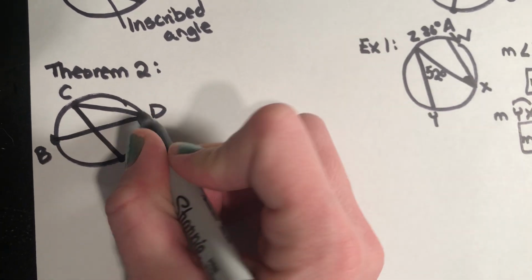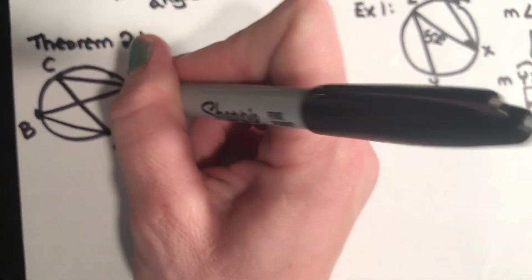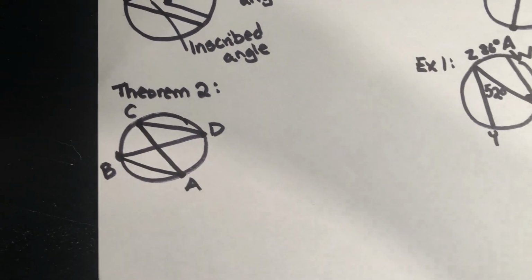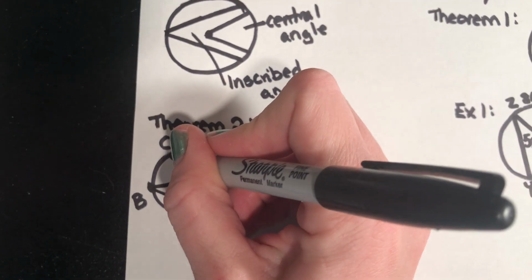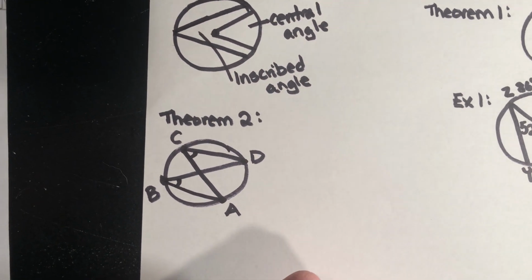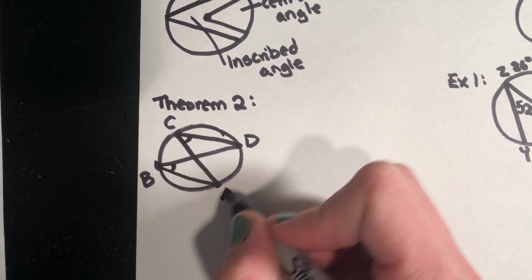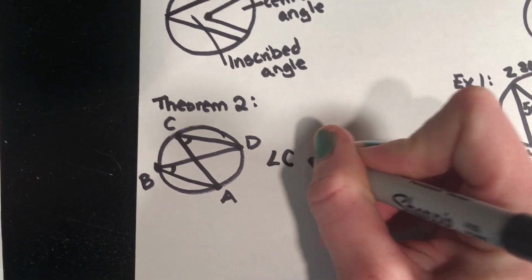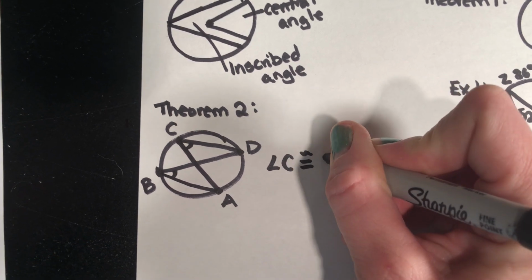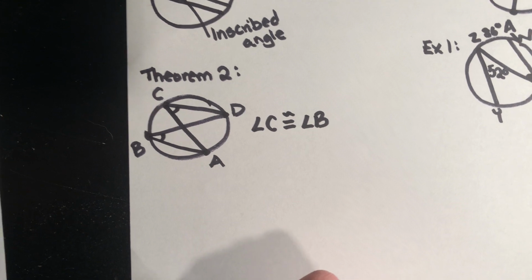We also have BD and BA. If that is true, that means that these two angles are congruent. So if C and B both have chords that intercept DA, angle C is congruent to angle B. So that is our theorem 2.